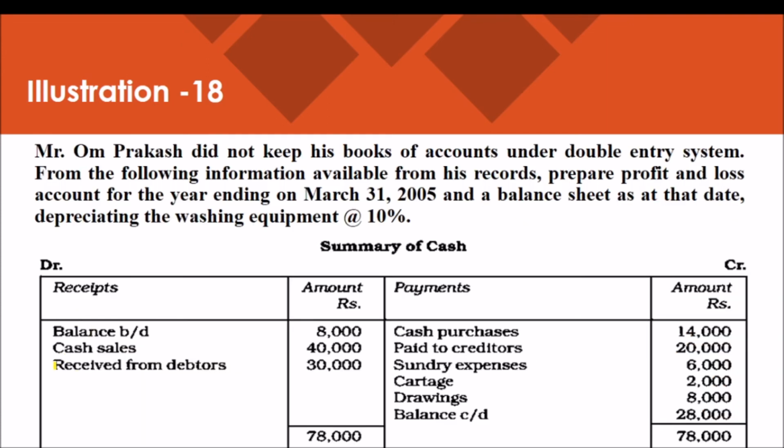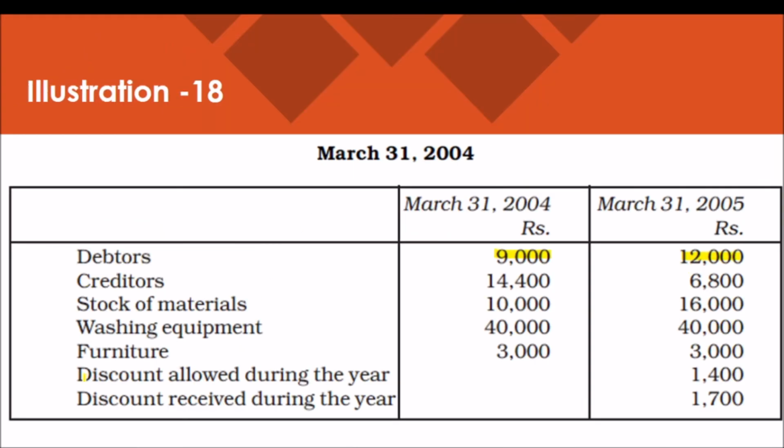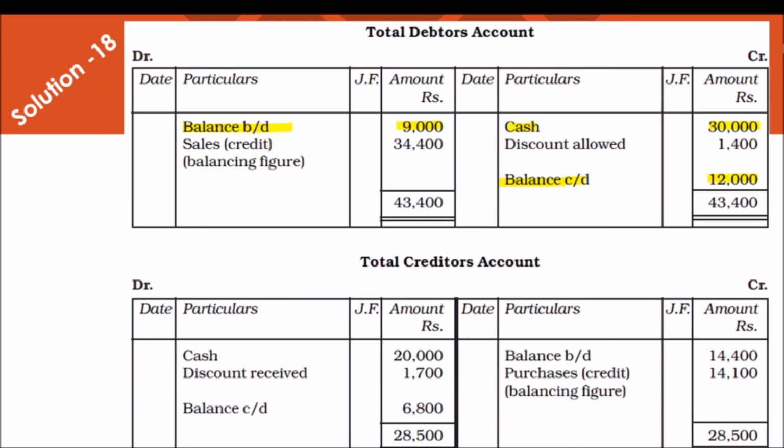This is from the summary of cash. From the summary of cash, you have to take that amount: received from debtors 30,000. That is recorded here, cash 30,000. And from the additional information, discount allowed during the year 1,400. That is also recorded in the total debtors account.